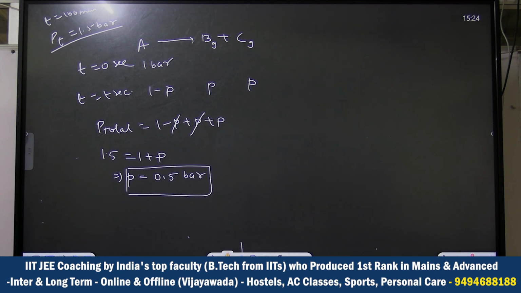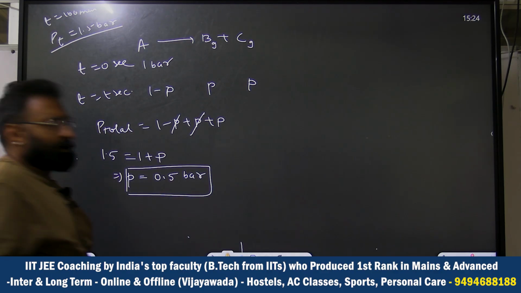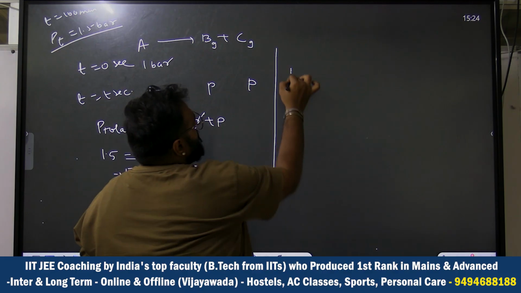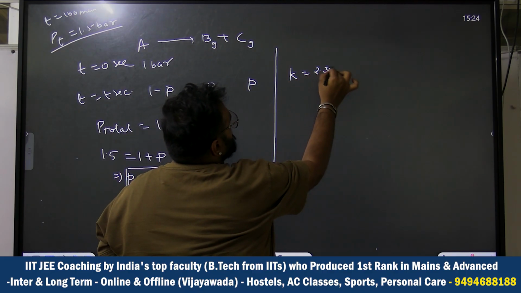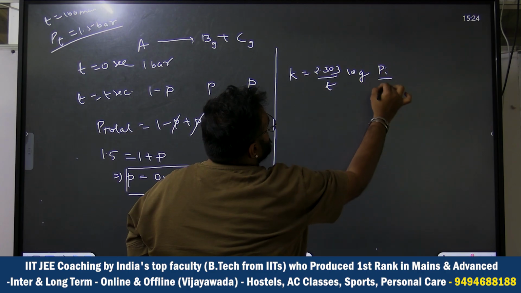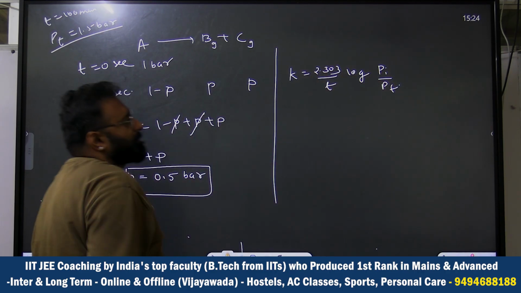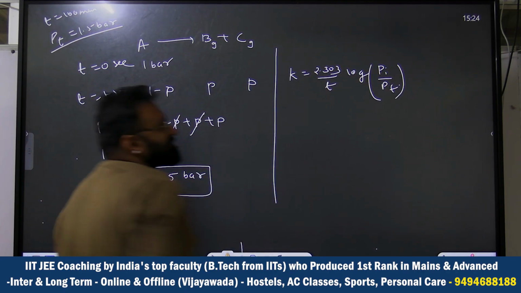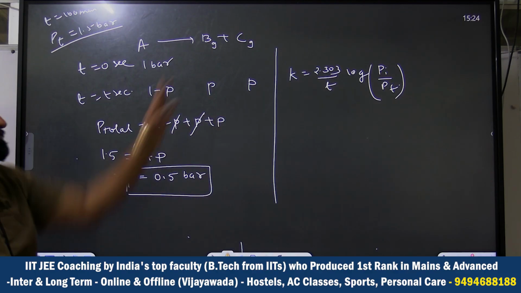Now, what is the question asking? We need to find the rate constant. So what is the formula? k is equal to 2.303 by t log P initial by P at time t. This is the formula for first order.